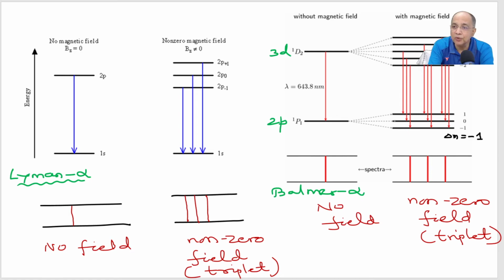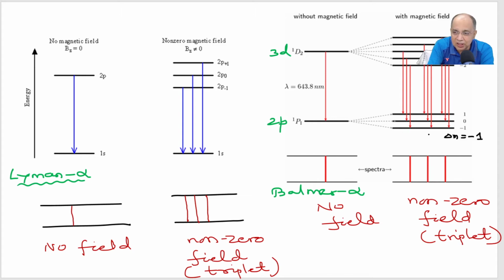This is going from 1 to 0, so 0 minus 1 is minus 1. And this is going from 0 to minus 1, and minus 1 minus 0 is minus 1. So all these three belong to one category of energy. There are three transitions, but the energy is exactly the same. So the line is the same.